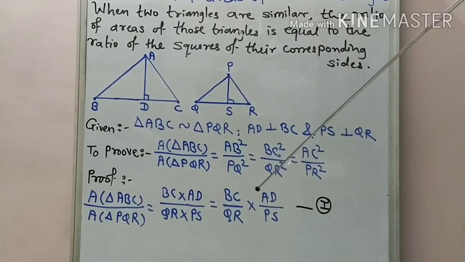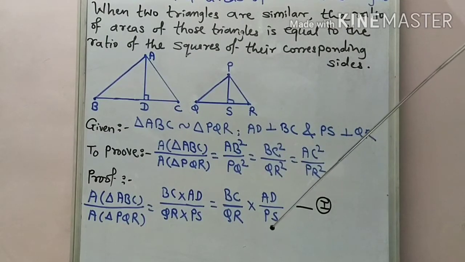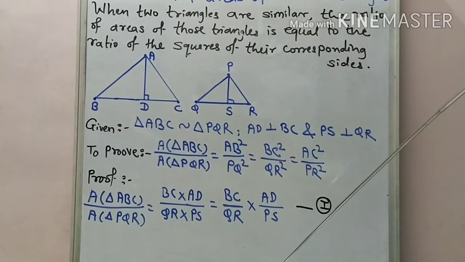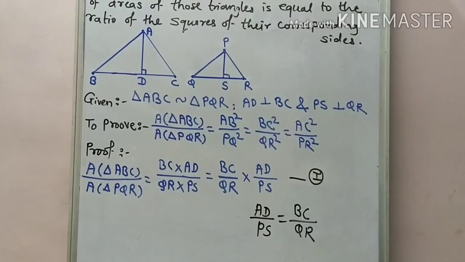As we replace this AD upon PS with BC upon QR, since we have proved that AD upon PS is equal to BC upon QR, we can replace AD upon PS with BC upon QR in statement 1. So BC into BC, in the numerator we get BC square, and in the denominator QR into QR, we get QR square.